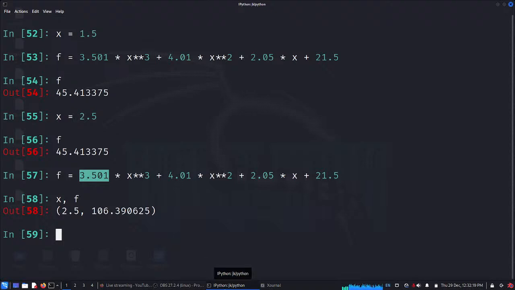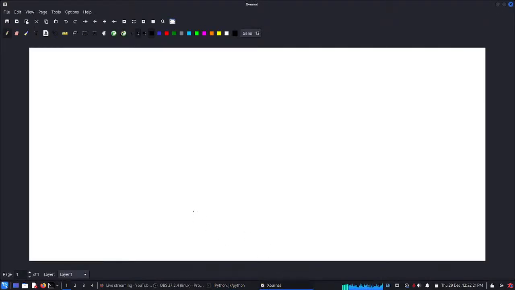So let us go to this. We have our F equal to a x square plus b x plus c, where a, b, c are some kind of constants.